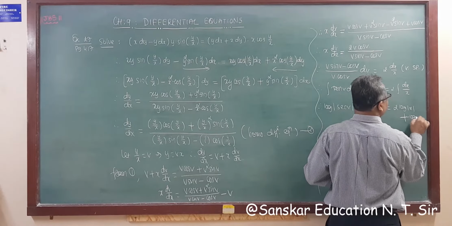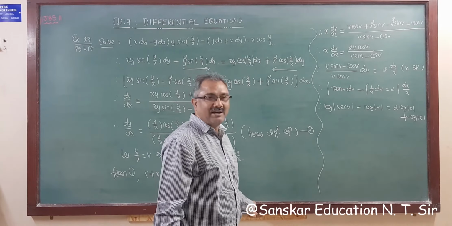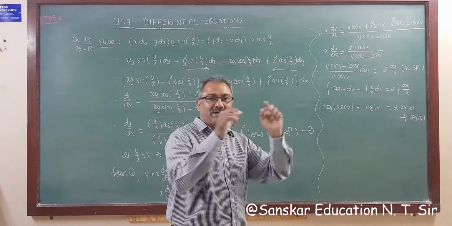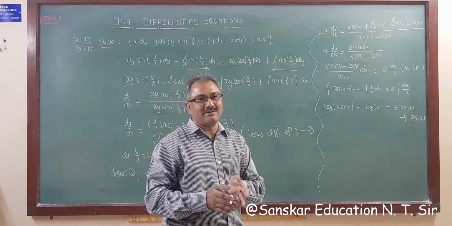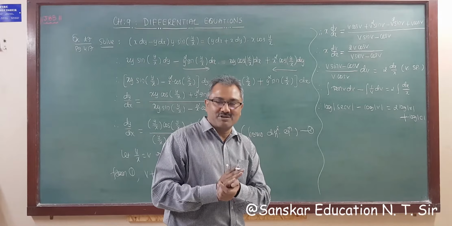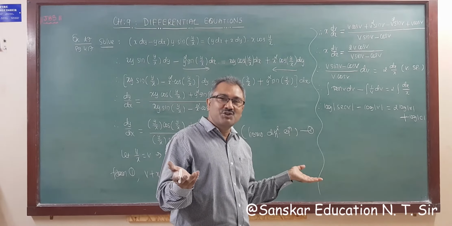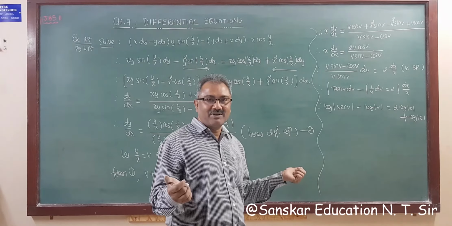बहुत सारे बच्चे पूछते हैं मुझे, सर इसमें लॉग लेना है, किसमें लॉग नहीं लेना. मैंने बोला है आपको, as I discussed and told you, this arbitrary constant is your arbitrary constant, so you can choose any, right?